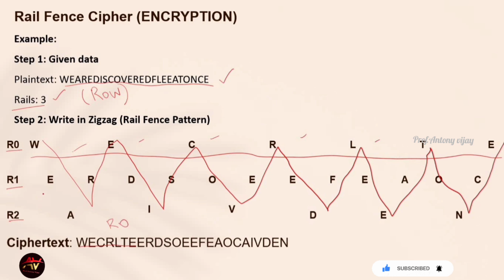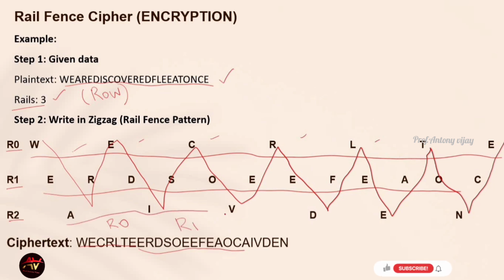Then R1 has ERDSOEEFEAOC, up to AOC. This is row 1, and the last row is AIVDEN. This is row 2. All the 3 rows are combined and form the ciphertext. This is called the encryption process.